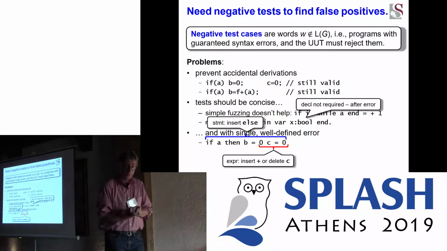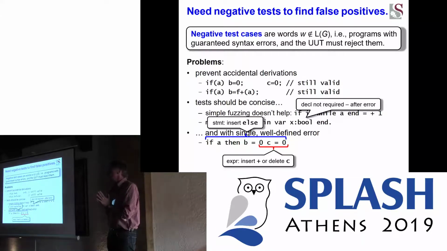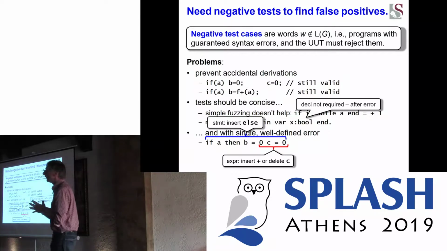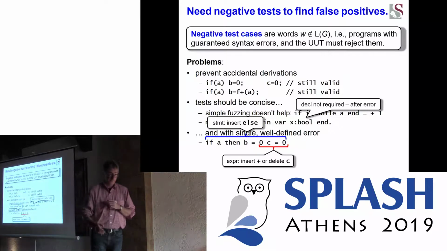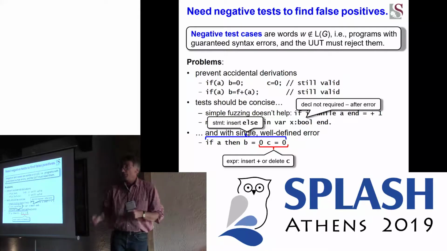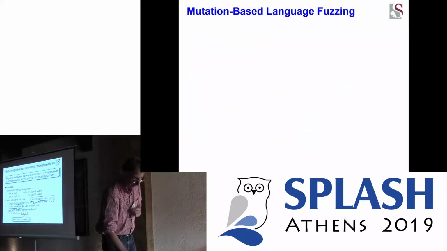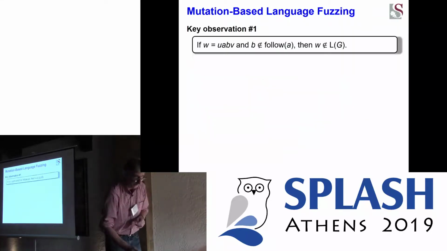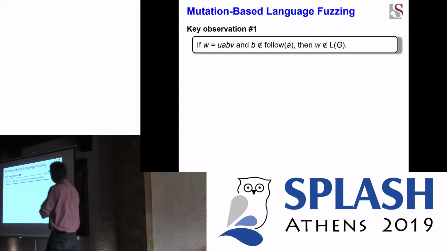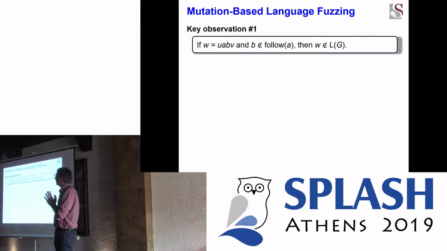So this is where we're going. We are trying, or we've defined a way of generating programs that are guaranteed not to parse with the grammar that's being given. And we do this by fuzzing, but not by simple, straightforward fuzzing. We're doing a mutation-based language fuzzing approach. Right? So here's the key observation that underlies this idea.